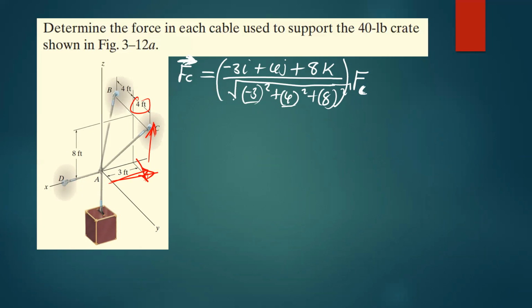So the force in the rope C is simply going to be negative 3 over the root of 89 i, plus 4 over the root of 89 j, plus 8k over the root of 89.